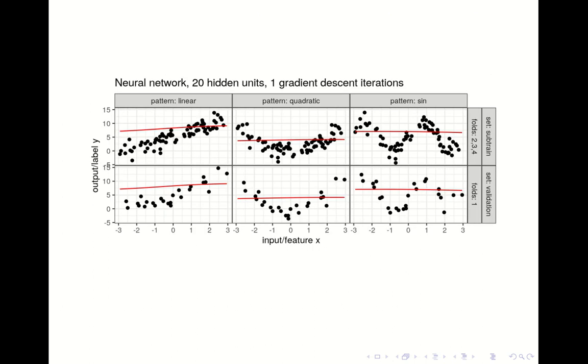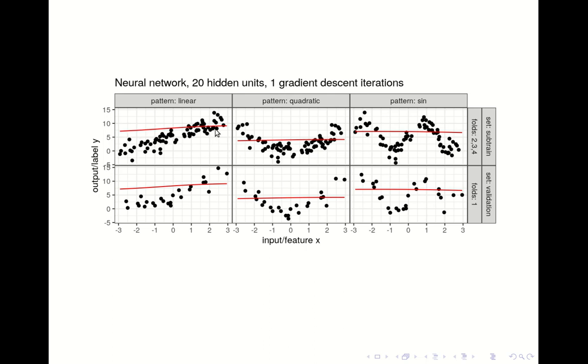So in this picture, what I'm doing is I'm showing you the model that we've learned using just one iteration of this neural network learning algorithm. So in neural networks, we train the model parameters which are used to make the predictions using this algorithm called gradient descent. So here in the figure titles, I'm saying how many gradient descent iterations that we've used so far to train the algorithm. And in the picture, I show you what the model predictions look like with this red line.